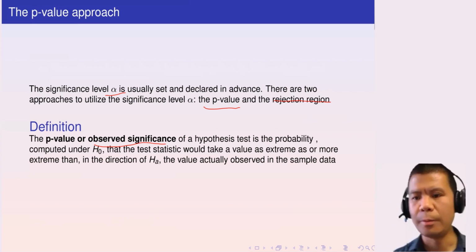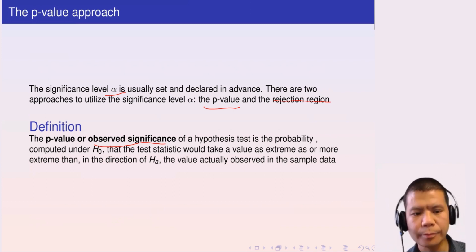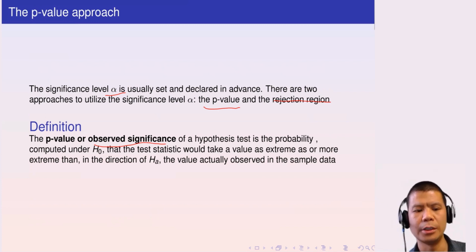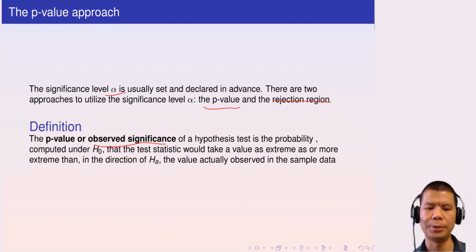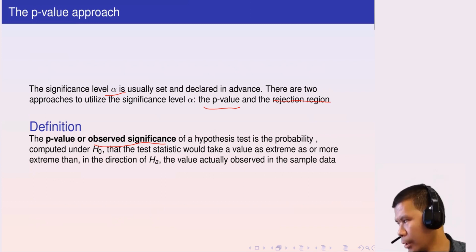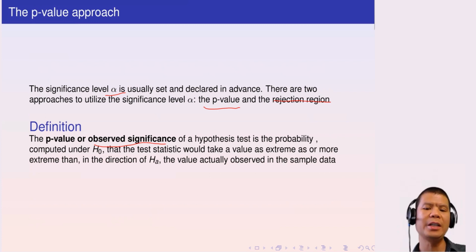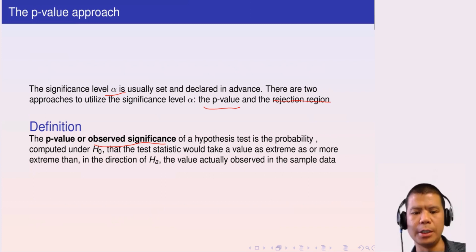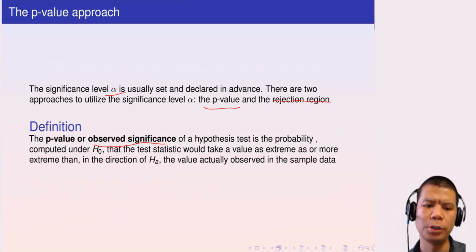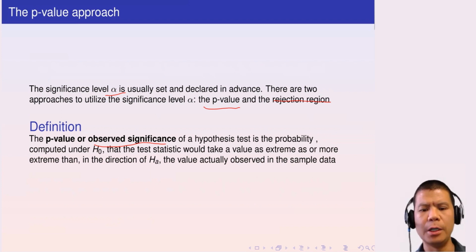So the p-value is actually a probability under H0 that the test statistic would take a value as extreme as or more extreme than, in the direction of HA, the value actually observed in the sample data. We're going to illustrate this in an example later on.